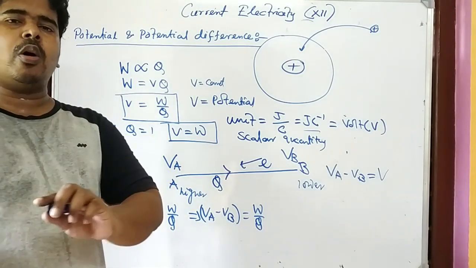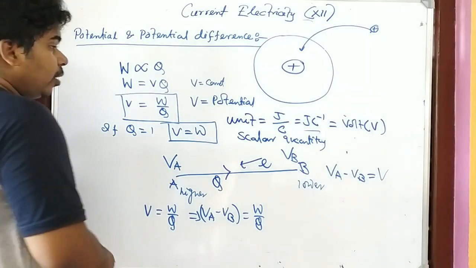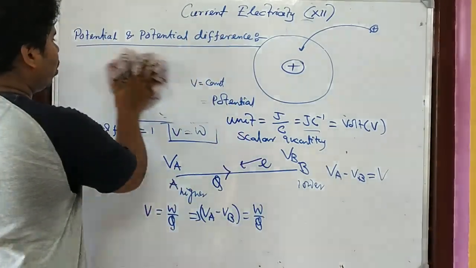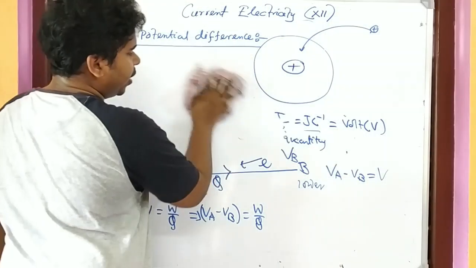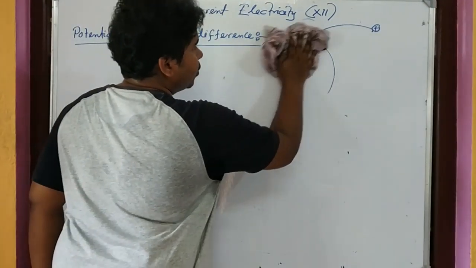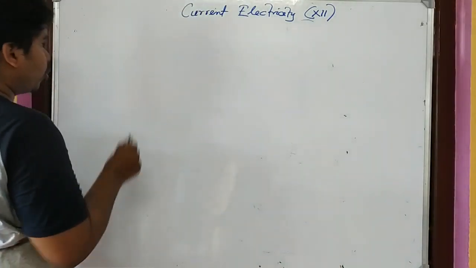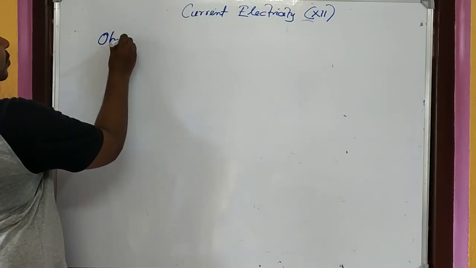So the cause of current flow is potential difference, and we all know that this was first explained by the great scientist Ohm, and you all know that in class 10, a very important part of your current electricity portion is Ohm's law.